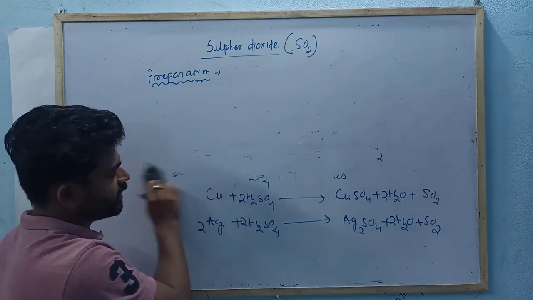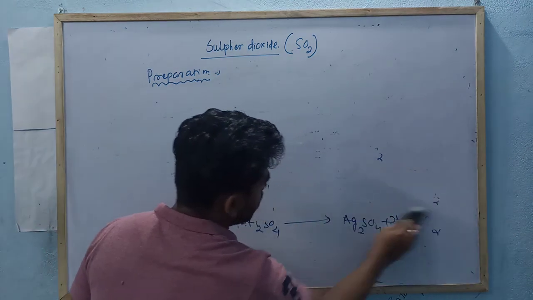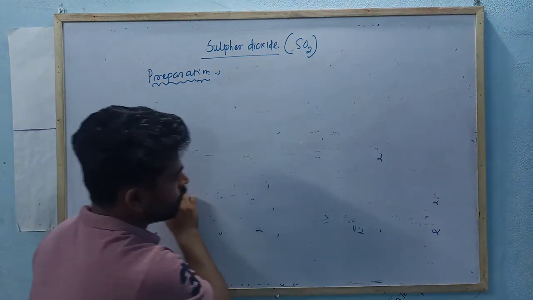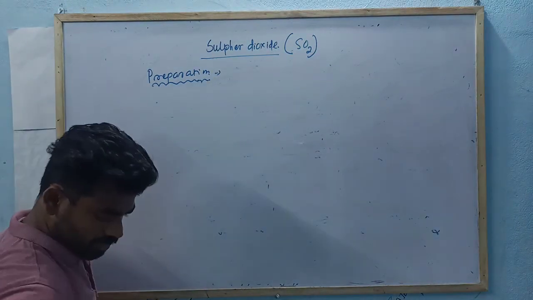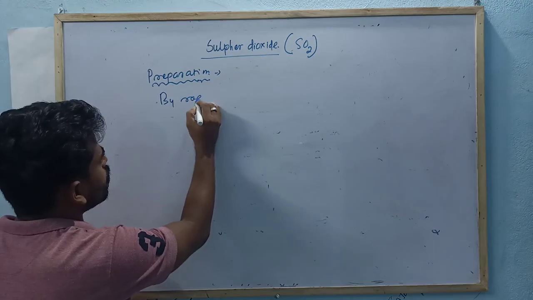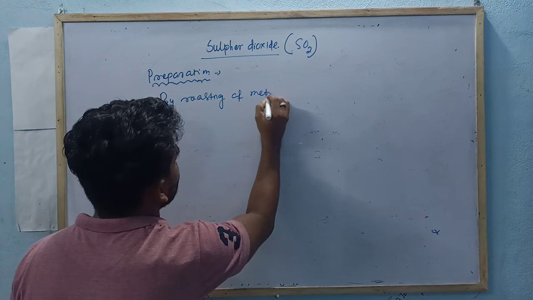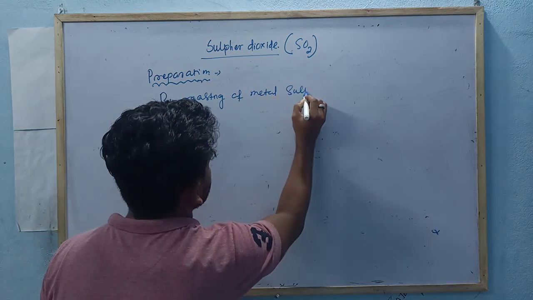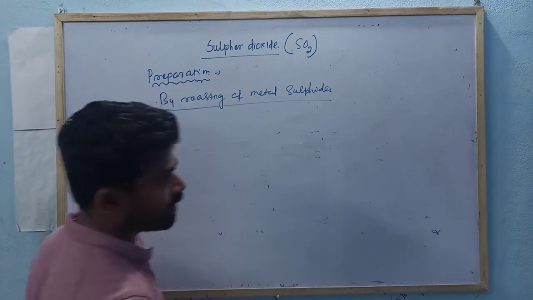So sulfur dioxide gas is liberated during roasting of metal sulfides.